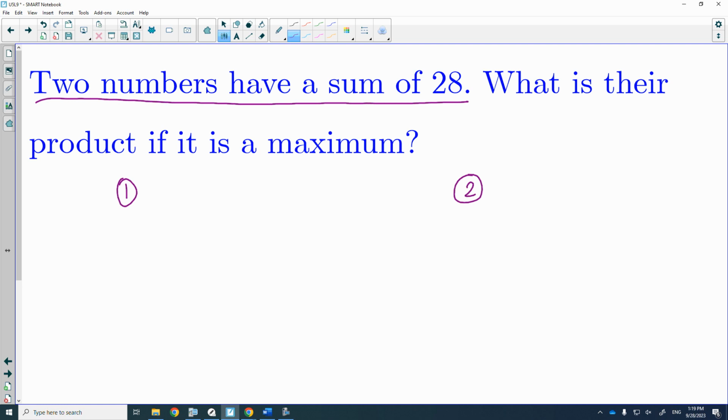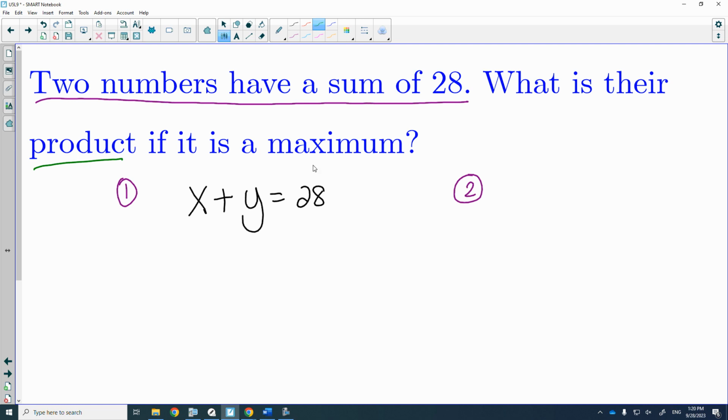So two numbers have a sum of 28. Scarlett, what would that equation be? Yes. So first equation, x plus y equals 28. Second system, a system is just another word for an equation. What is their product if it's a maximum?